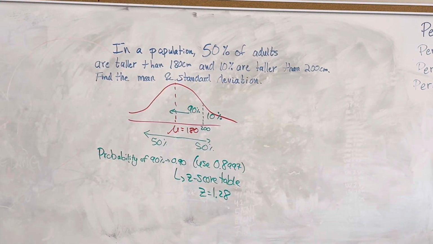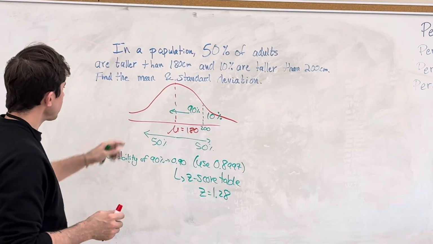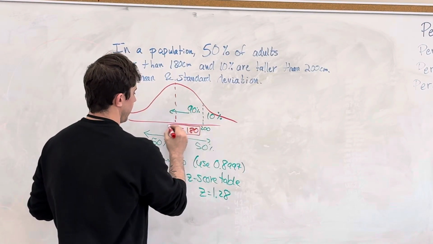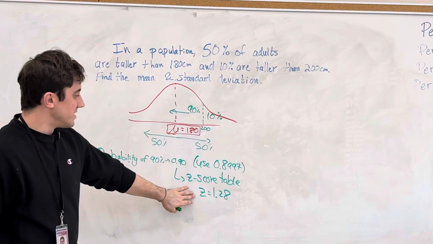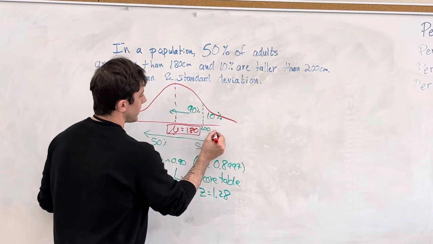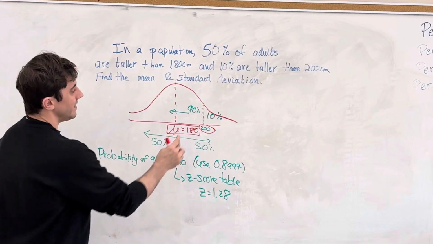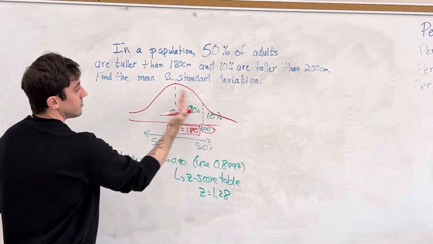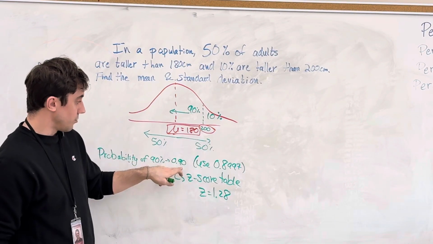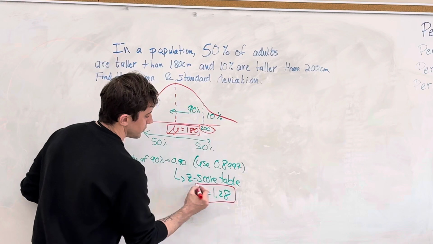That means that we already have our mean, which is 180. Now we have a z-score of 1.28 for the individual data point 200, because 90% of our data set was to the left of it, meaning it had a probability of roughly 0.90, which meant it has a z-score of 1.28.